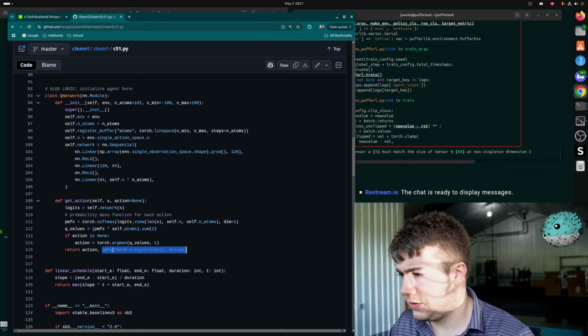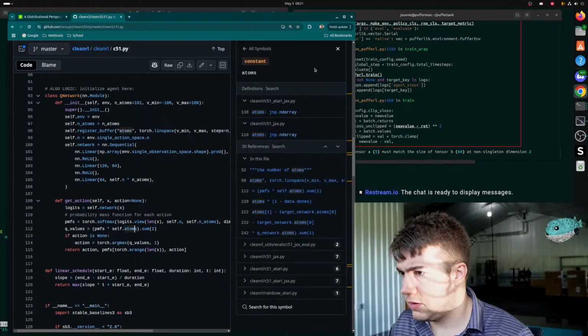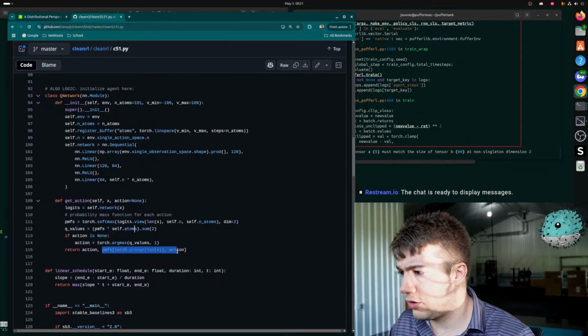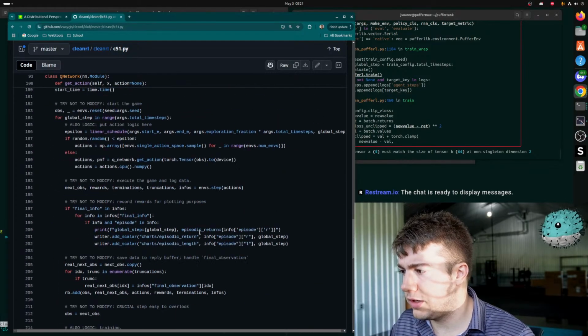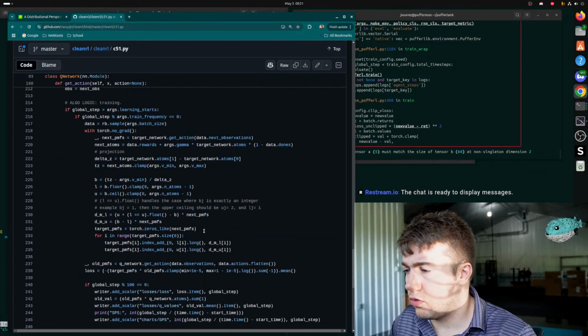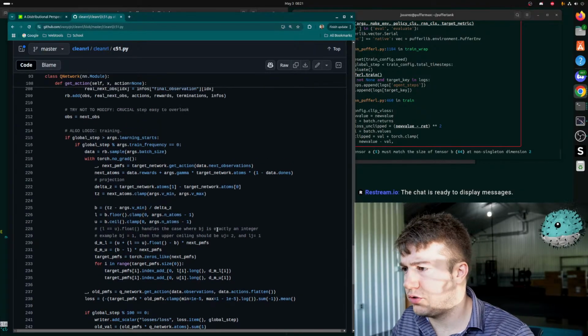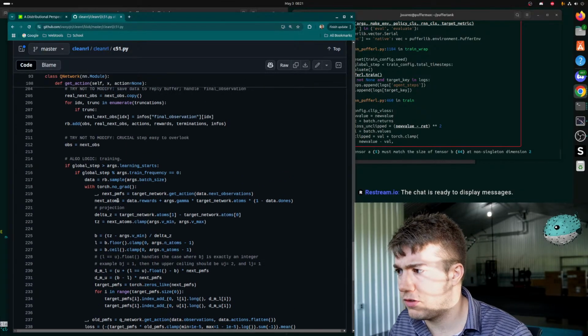And then this is going to only return the probability for the action that you actually take, I believe. Which is good because that's how we're going to do it in the online case anyways, or on-policy case anyways, so we should be really easily able to figure this out from here.